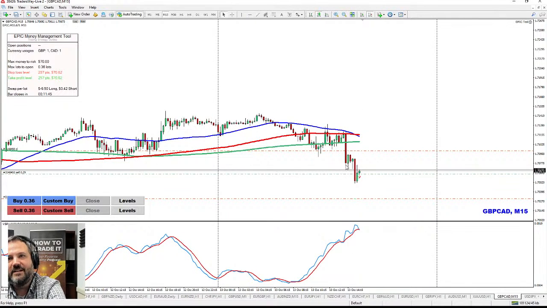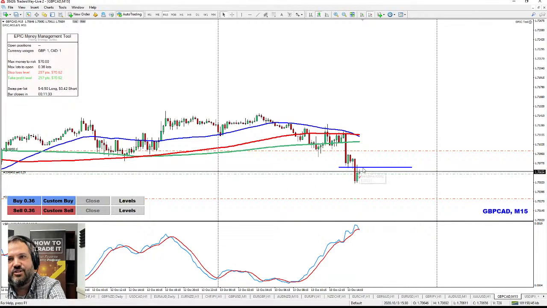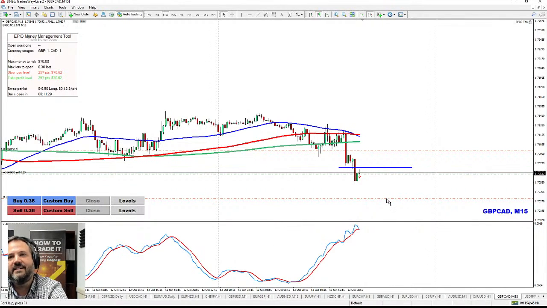It went up and retested these two levels, which you can see right here. And so this is what you call a breakout, a touch of this resistance level, and then price rolling back down. That's the chart pattern that I'm trading right now.